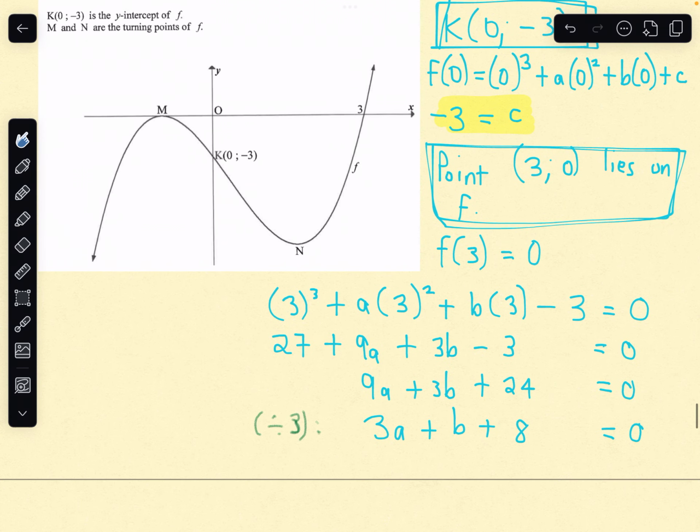So let us just say that the coordinates of M are M and 0, right?